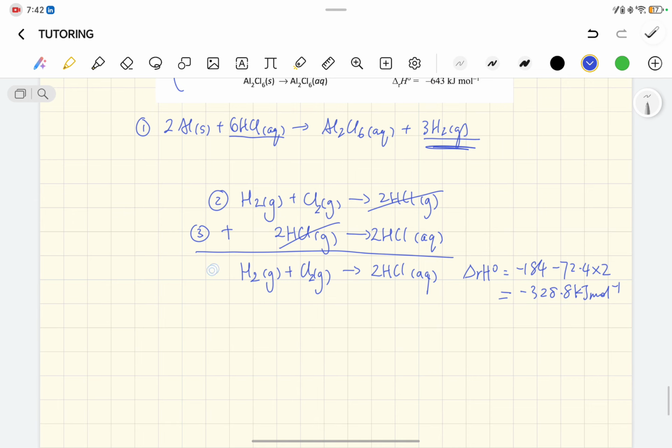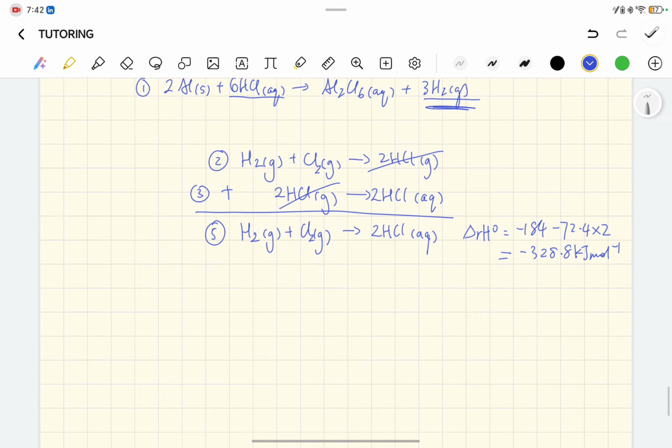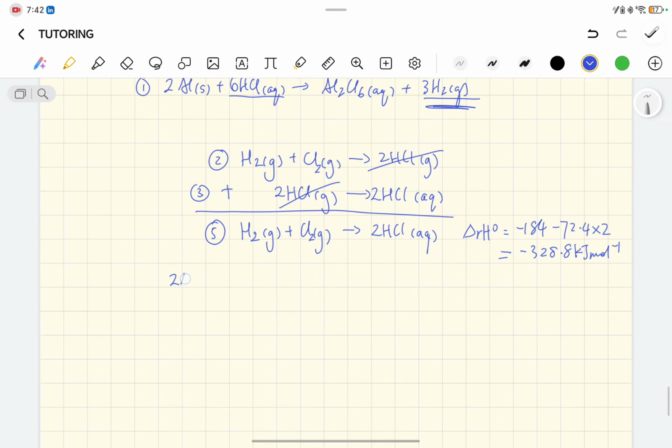Right, so let's call this reaction 5. And now we can use reaction 5 to manipulate reaction 1 in order to remove our 3H2 gas and our 6 HCl in aqueous form. So let's do that. We'll do 2Al solid plus 6HCl aqueous goes to Al2Cl6 aqueous plus 3H2 gas.